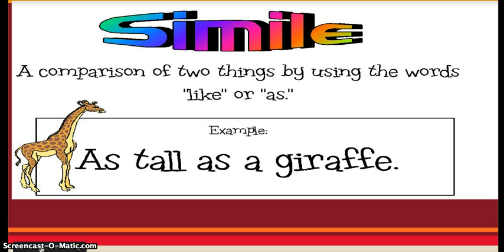So we know that giraffes are very tall, and the way that I'm trying to describe this is to say that my friend is very tall, and I'm describing it by comparing her to a giraffe using the words as, or I could also use the words like. So I could say my friend Sarah is tall like a giraffe, and that would still be a simile.